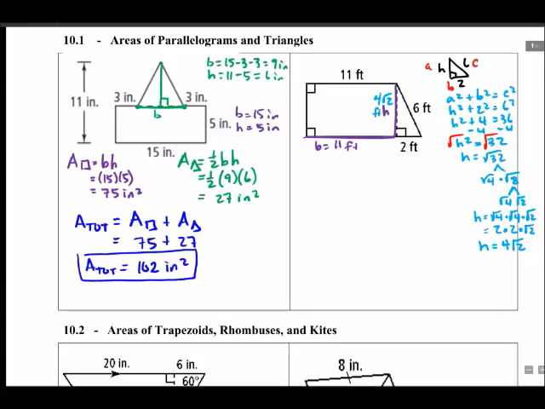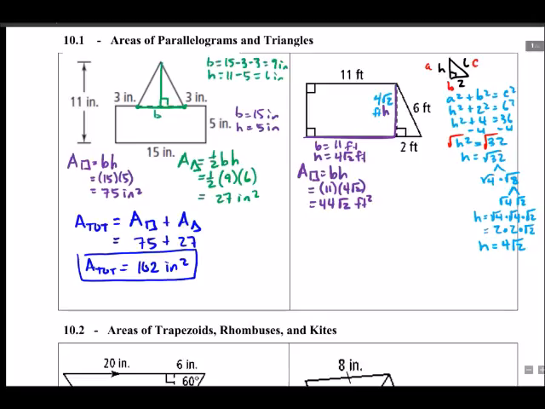So back to our rectangle. Our base is 11 feet. Our height is 4 square root 2 feet. We just do the area of a rectangle is base times height. This equals 11 times 4 square root 2. So the area of our rectangle is 44 square root 2 feet squared. And then we can move on to our triangle.